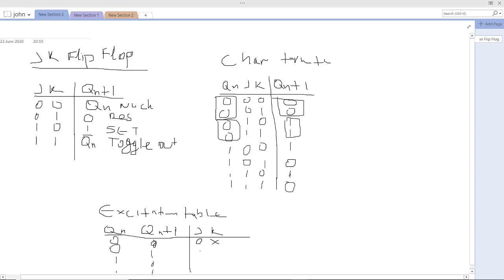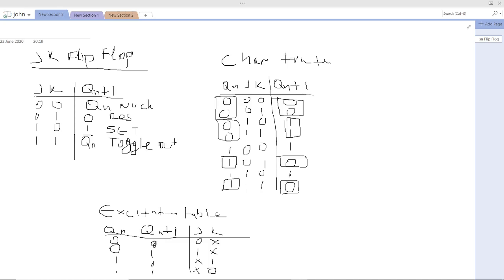We see J is equal to 1 in both cases, and K is 0 or 1, so again we don't care about K. Then we have 1, 0 and 0, and in that case we have 0, 1 and 1, 1, so we don't care about J, and K is 1. And 1, 1 is the last one, where we have 0, 1 and 0, 0, so J is X, we don't care, and K is 0.